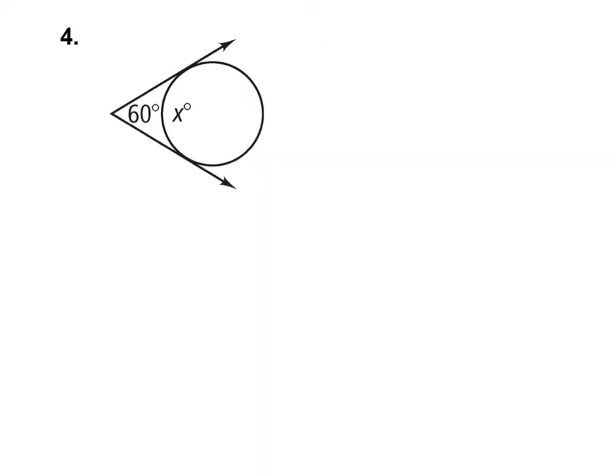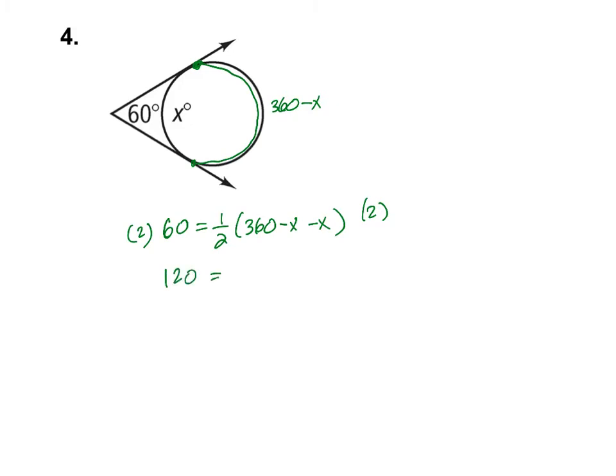Now again, this side right here, that arc over here is 360 minus x. So I have that 60 equals 1/2 of 360 minus x minus x. So I'm going to multiply times 2. So 120 equals 360 minus 2x.